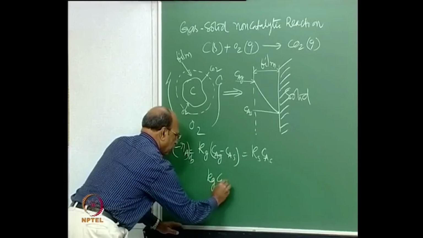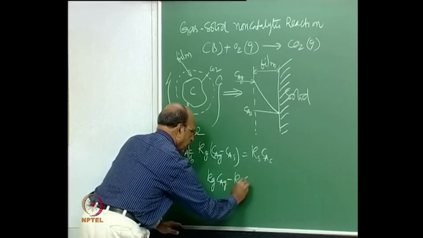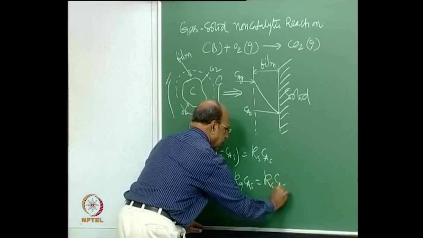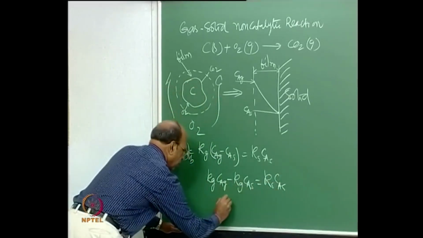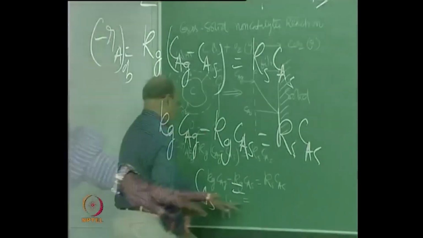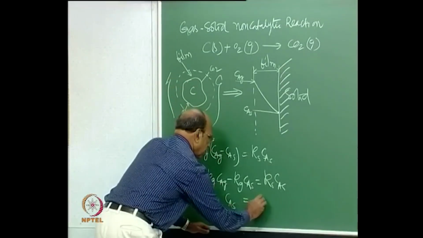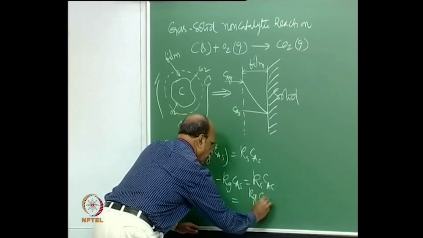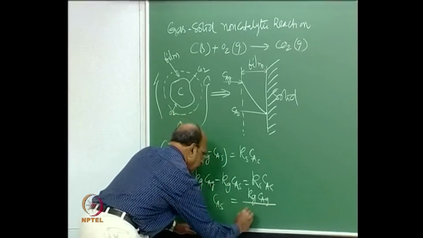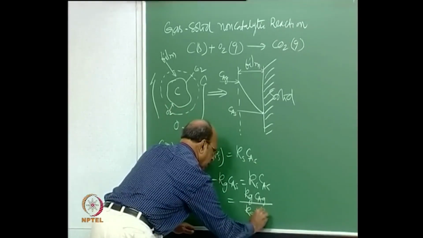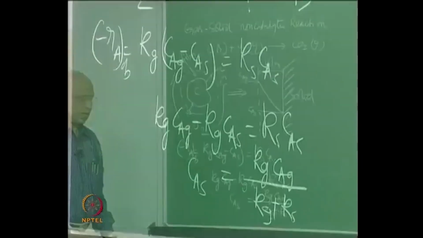Let me write the other steps also: Kg (CAG minus CAS) equals Ks CAS. Then I have, jumping the steps, CAS equal to Kg CAG divided by Kg plus Ks.